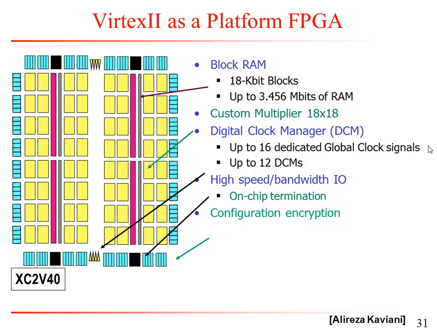So they added custom multipliers of 18-bit by 18-bit multiplication, and later they provided means of connecting a bunch of these to build wider multiplication. These embedded multipliers are much faster than hooking up together a bunch of these CLBs to implement an 18-bit by 18-bit multiplication.